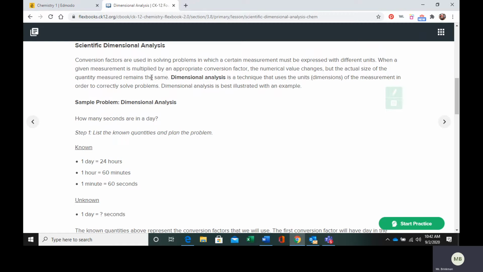One thing that isn't mentioned in this reading is how much a hectare is, and that's one of the questions on the practice. So a hectare is 10,000 meters squared.